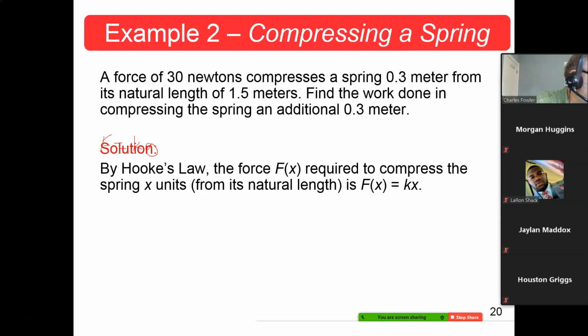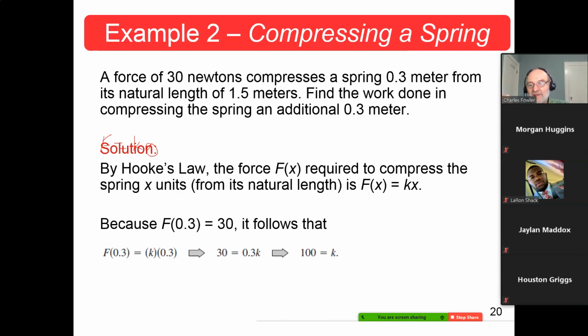They say kx, where x is the measure of your displacement. Now, because the initial displacement, 0.3, required 30 newtons, we used Hooke's law to determine what your k was, and they got the same thing we did. k was equal to 100 newtons per meter. I like to carry around units.